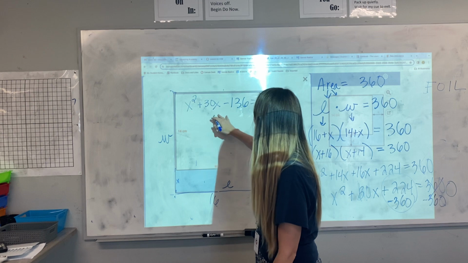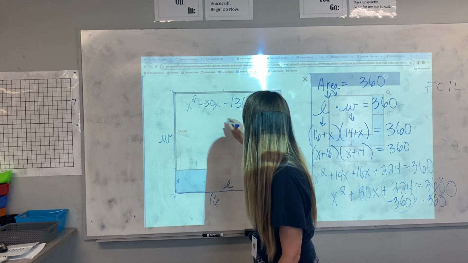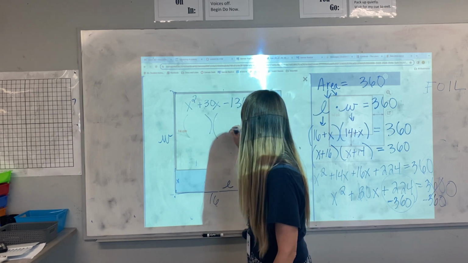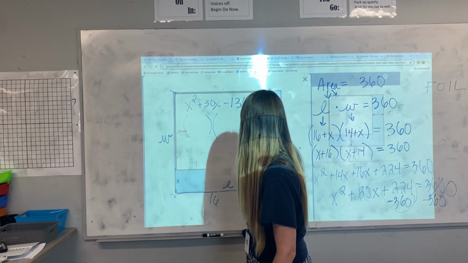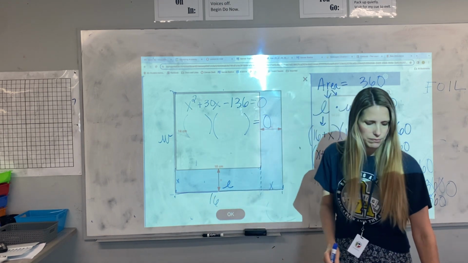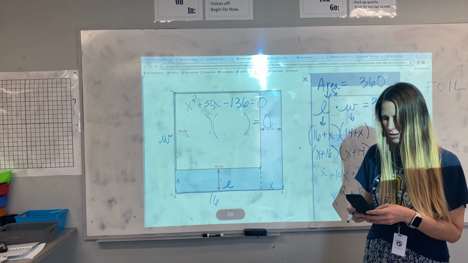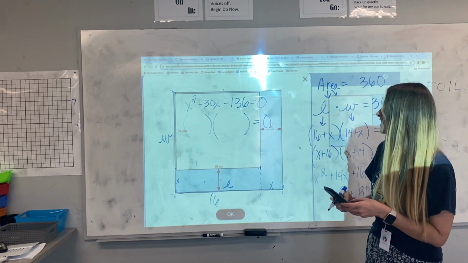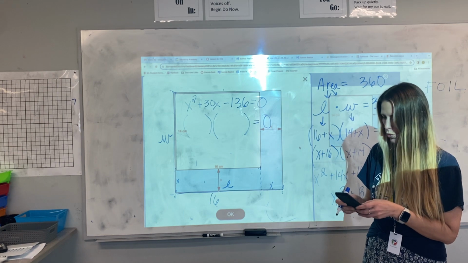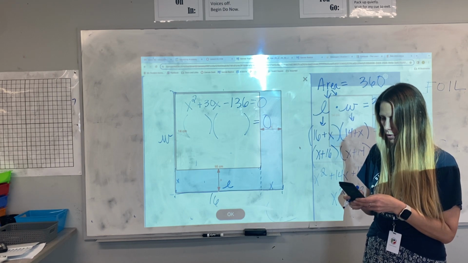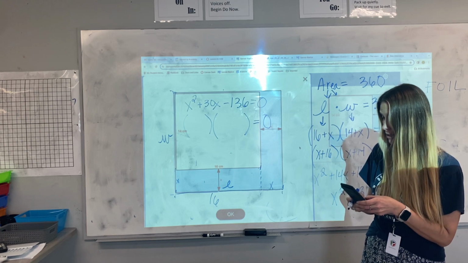Okay, so now we can factor this, which is going to be a pain, because do we really have to find the factors of 136? That is such a pain. All right, 136 divided by 2 is 68. That's not going to work. 136 divided by 3. No, that's not even divisible by 3. 136 divided by 6.